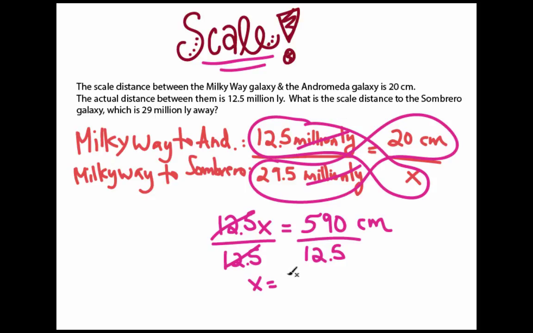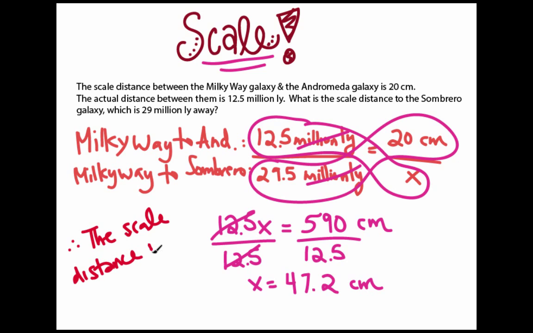Once you plug that into your calculator, you'll get 47.2 centimeters. And then your last step, you guessed it, is to write your sentence. Therefore, the scale distance is 47.2 centimeters.